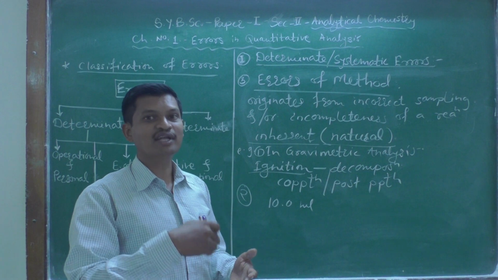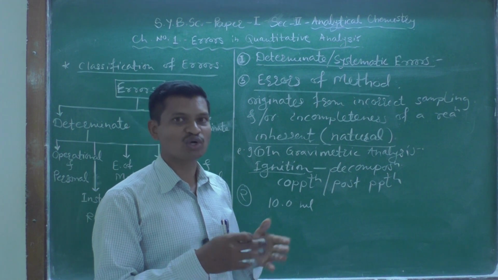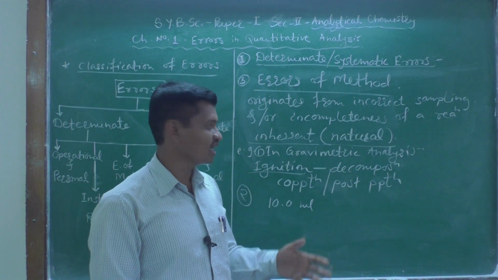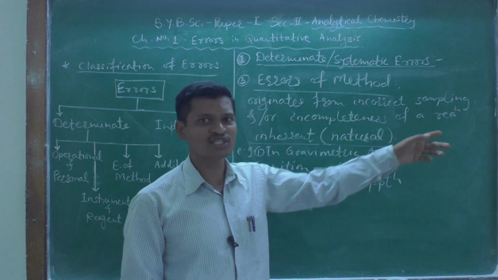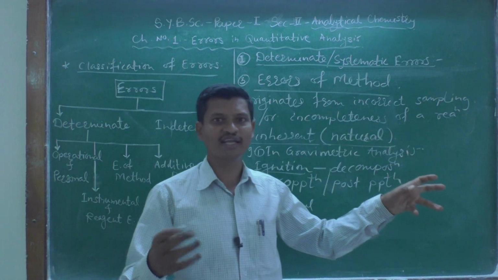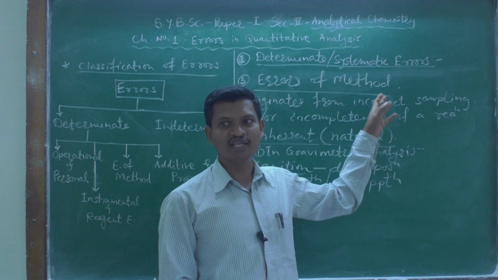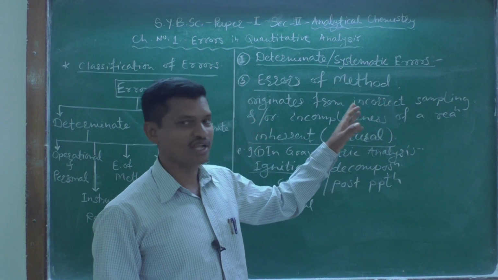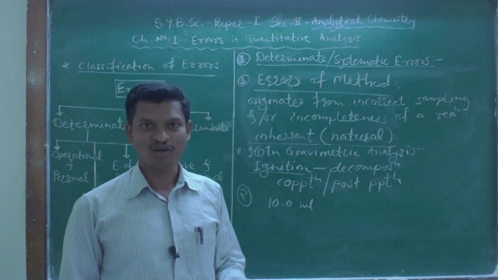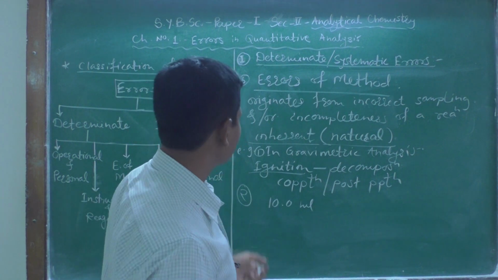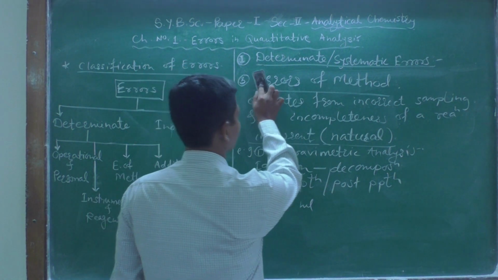The whole burette may get used up, but the end point is not occurring. This is the incompleteness of the reaction. There is no complete reaction between titrant and titrand, and that's why incompleteness of reaction and error of method occur. So this is all about the third type, errors of method.